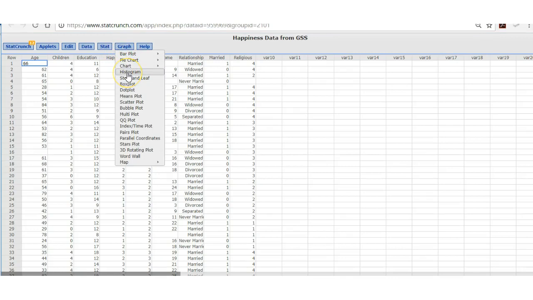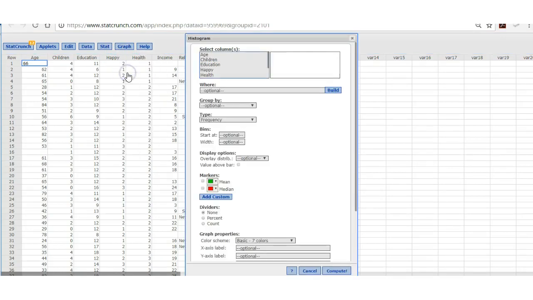So one way we could do this is to do a histogram. A histogram is for a quantitative variable, so we'd want to select age as our column, and then we could group our histogram by the happy variable. It's going to give us 3 different histograms because the happy variable had 3 different possible responses.